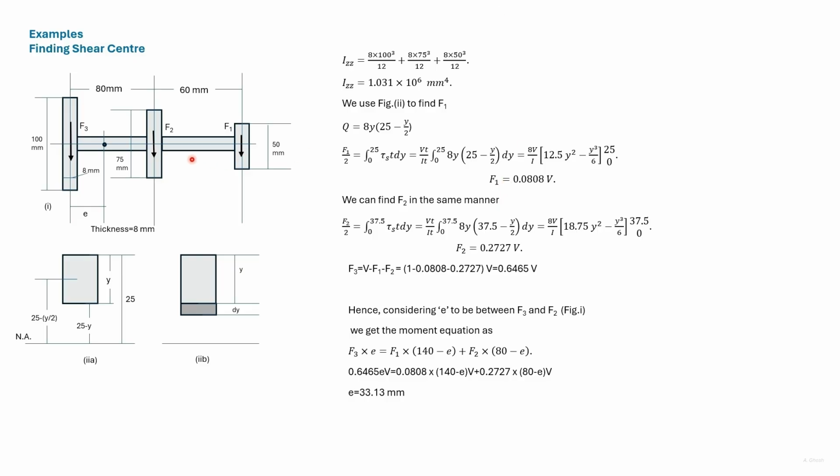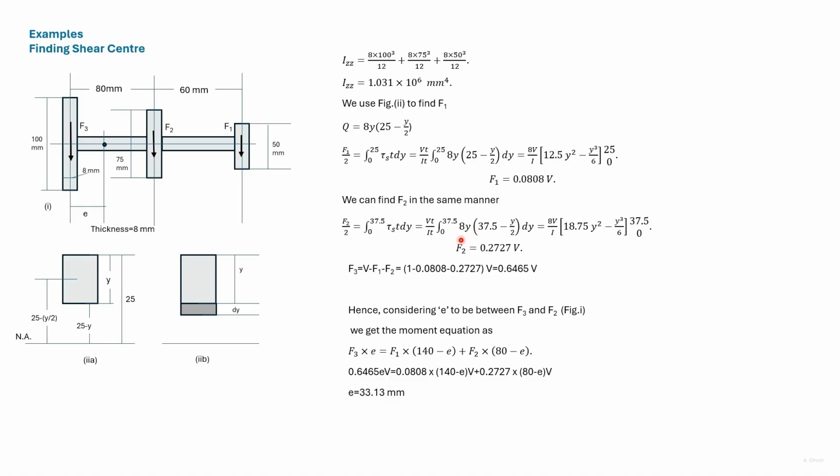We can find F2 in a similar manner. So we consider the force on the top half. The force on the small element is tau s t into dy. Half the length here is 37.5. So we integrate from 0 to 37.5.